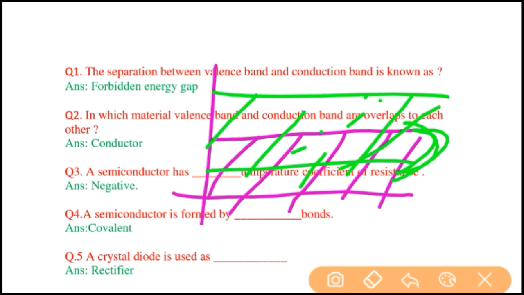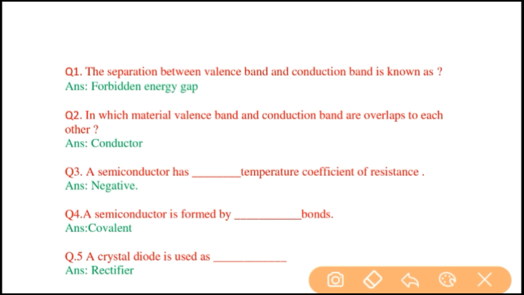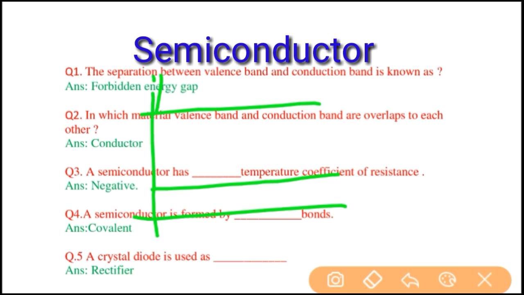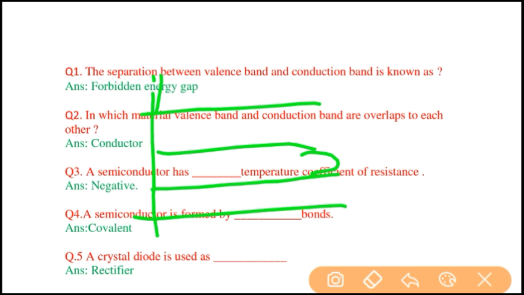That means in a conductor the conduction band and the valence band overlap, and there is no forbidden energy gap. Now for the semiconductor, the energy gap between the conduction band and the valence band is very small.